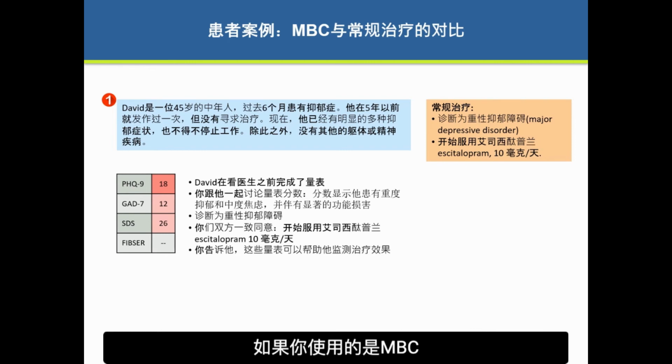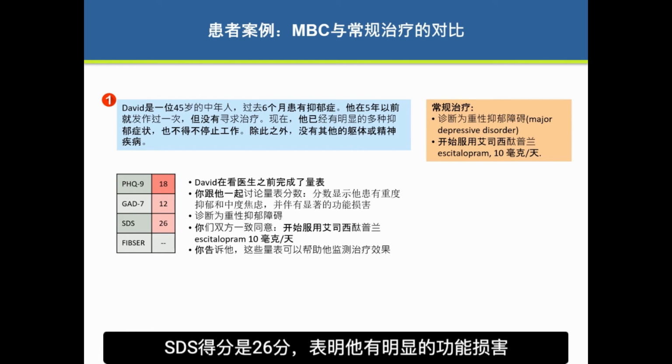Now, if you're using measurement-based care, David would complete the scales before your appointment, and then you discuss the scores with him. And you show him that a score of 18 indicates that he's severely depressed, and a score of 12 indicates that he is moderately anxious, with a score of 26 on the SDS indicating that he has marked impairment in functioning.